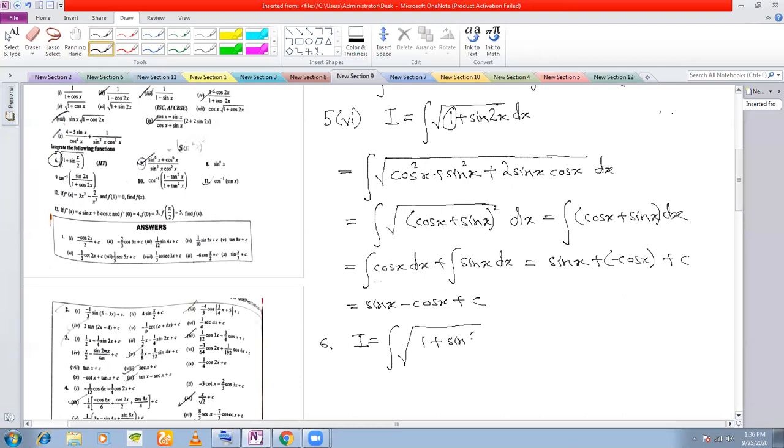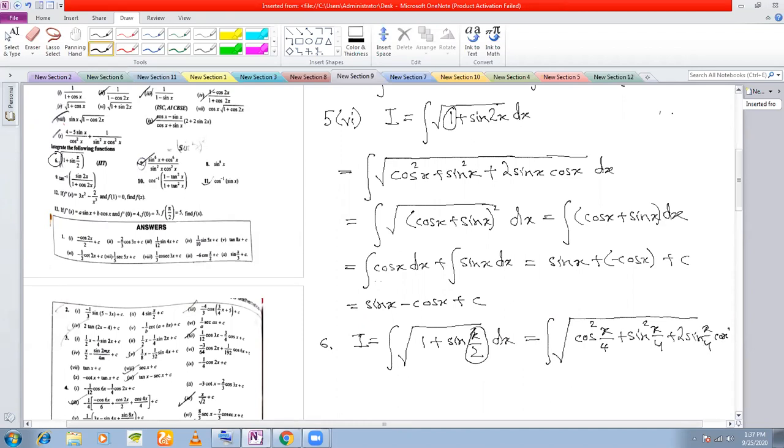Only half is there. Tell me, what should I write? Next step. So the same thing we will do. You will break this as cos square x by 4 plus sine square x by 4, because you need to take half of this angle, plus 2 sine x by 4 cos x by 4.